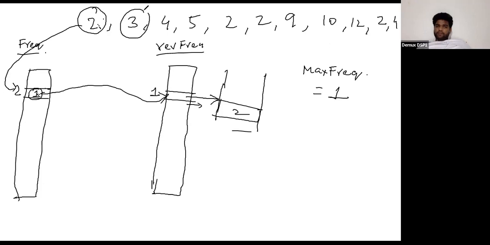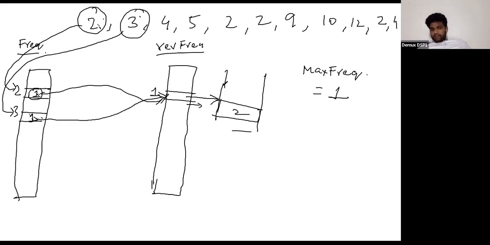Let's move on. We get a 3. I first come to frequency, I index by 3, and I increment the counter by 1. So now I have 1. Now I go to 1 again from here, and I will push 3. So now I have 2 elements with frequency 1, 2 and 3, and this is the order in which they came.